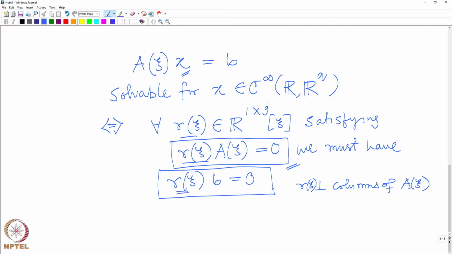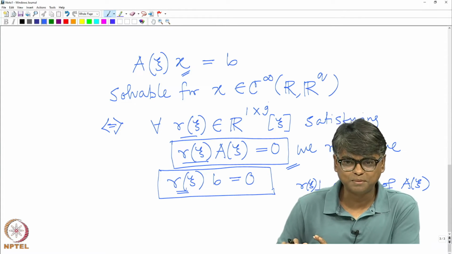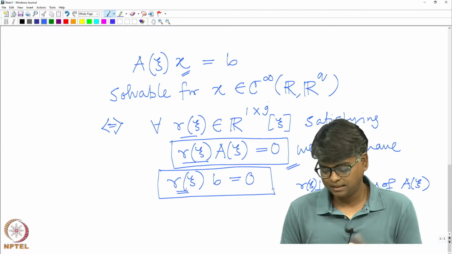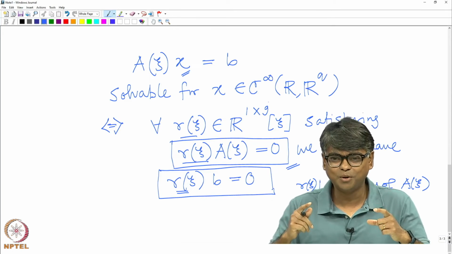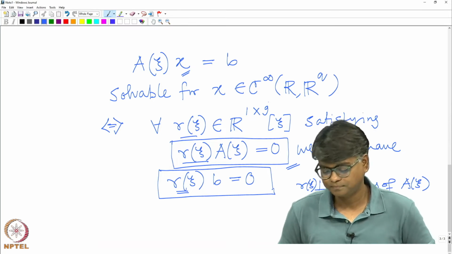Please do not go by these terms too seriously, because I am just saying loosely. I have not defined what is orthogonality for polynomial matrices and polynomial vectors. These ideas are not so simple. I am just saying that this is a row vector which when taken the standard dot product with the columns produces 0, polynomially.